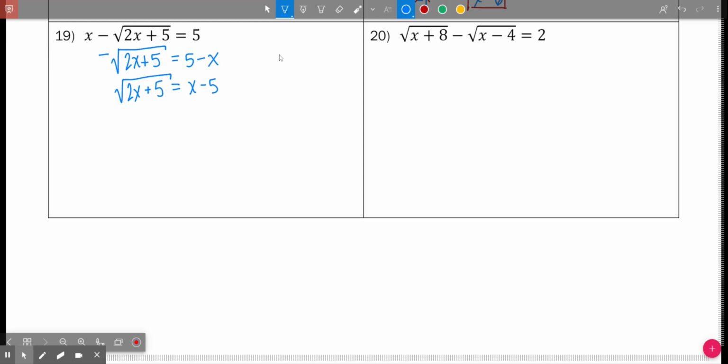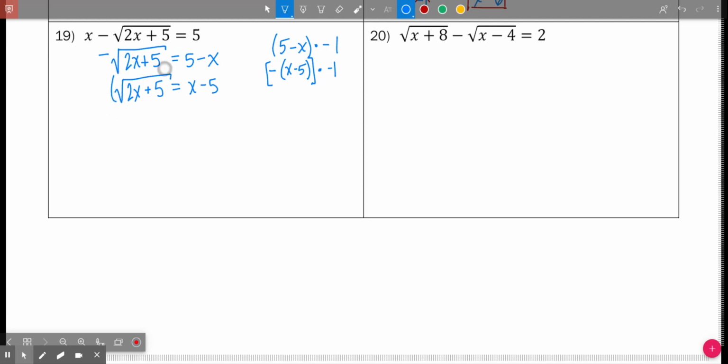Because what happens here, I'm going to take 5 minus x and multiply it by negative 1. So this is really negative times x minus 5 times negative 1. Those negatives cancel each other out, and I'm left with x minus 5.